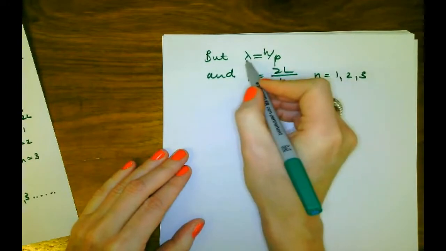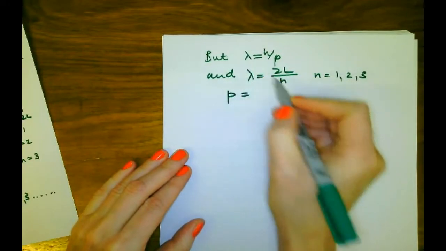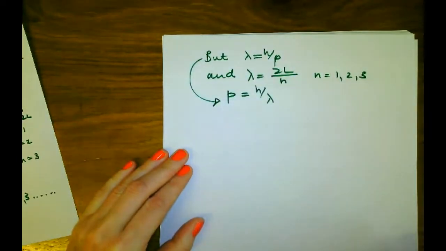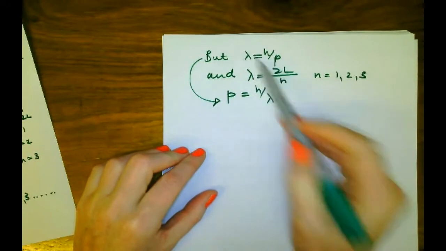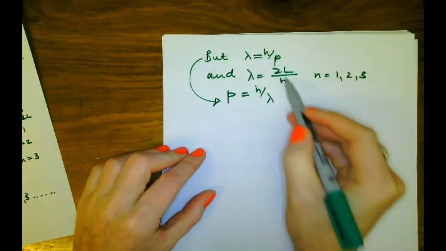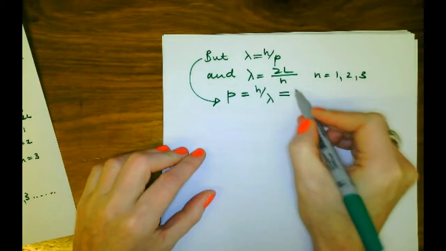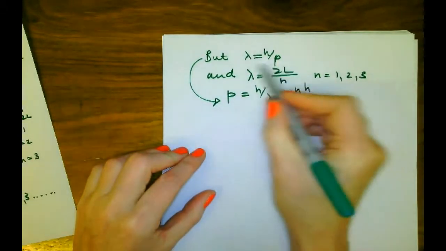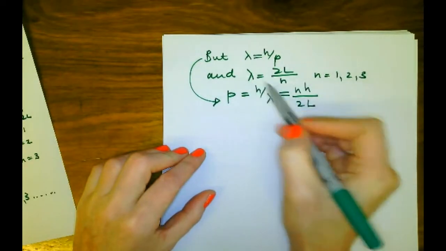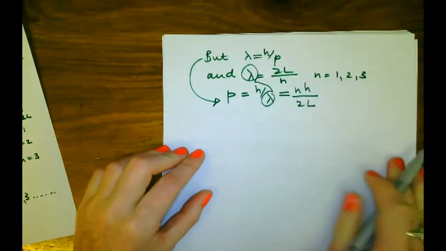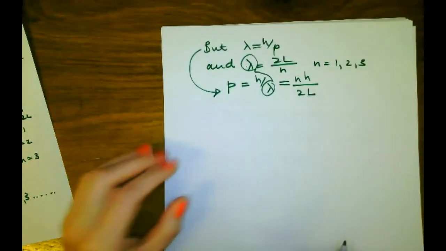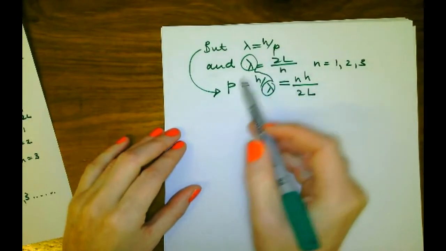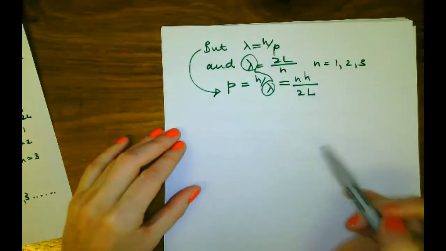So from the de Broglie equation we can say that linear momentum is h divided by lambda, and if we now substitute that equation, it becomes nh over 2L. So using that wavelength expression there. Okay. So we have an expression for linear momentum from the de Broglie equation in terms of the length of the box.